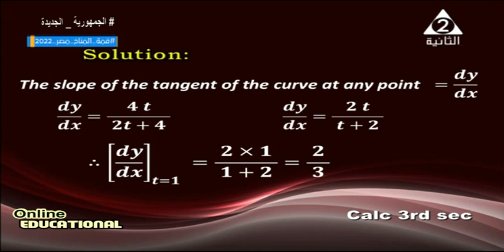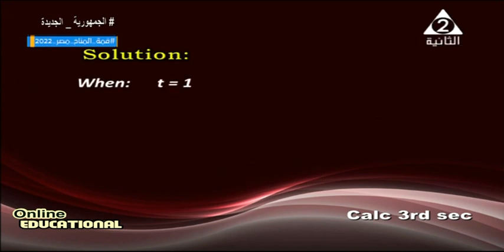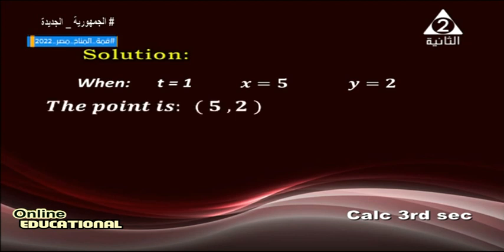The point at t = 1 is x equals t² + 4t, which equals 5, and y equals 2t² at t = 1, then y equals 2. Then the point is (5, 2).